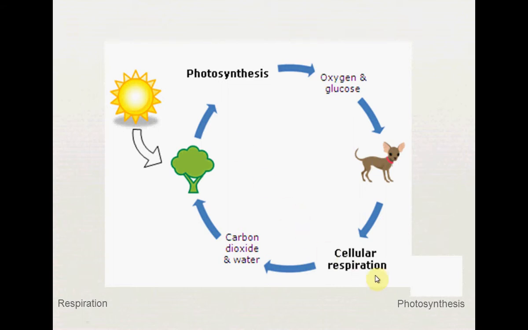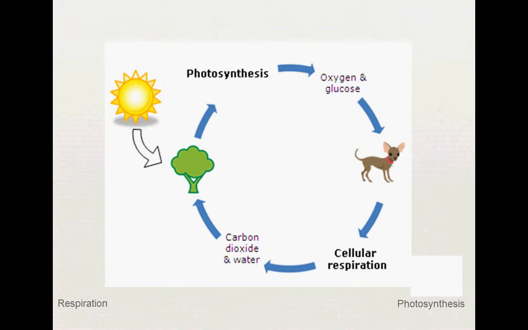All right, so just to summarize here, both photosynthesis and respiration are processes, chemical reactions that are related to energy in living things. And in an ecosystem, photosynthesis happens in plants, and it releases as waste products oxygen and glucose.